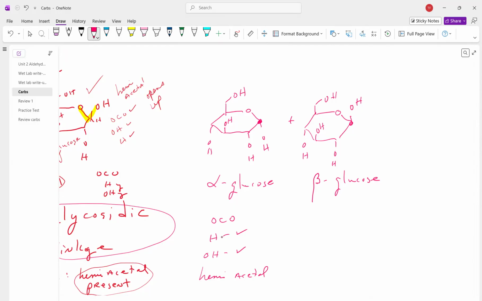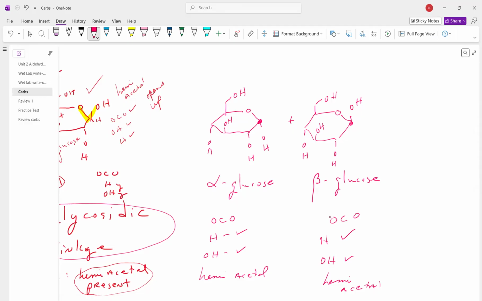On this side over here, on the right-hand side glucose, we've got an OCO. We have an H. And we have OH. So we have a hemiacetal on this one as well.